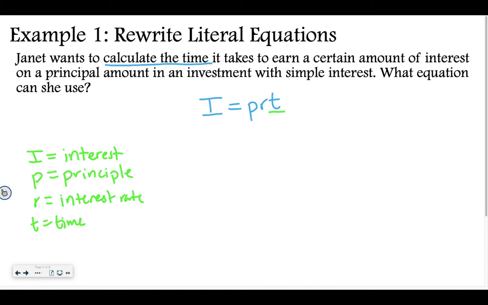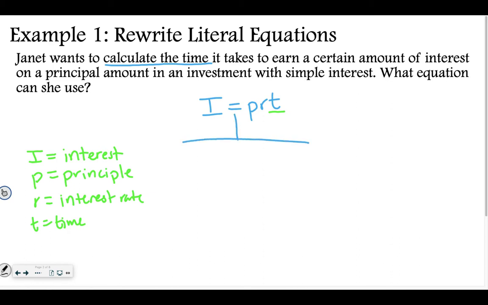So that means I have to move that P and that R. Right now I have PRT. Since I'm not saying P plus R plus T, or P minus R minus T, or P divided by R divided by T, I just said PRT. Remember that when you don't actually verbally say an operation, multiplication is implied. So that is P times R times T.